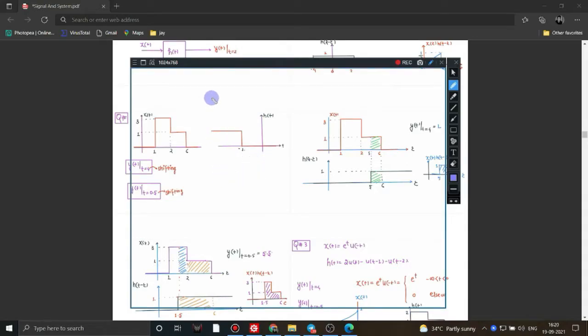So the third step will be, let me draw the second step again.